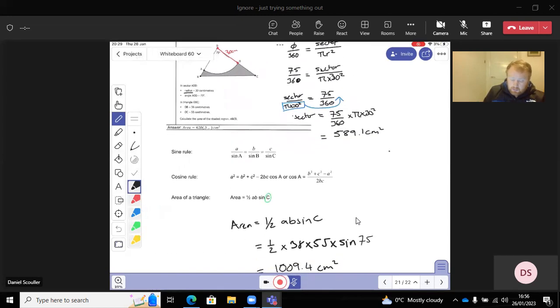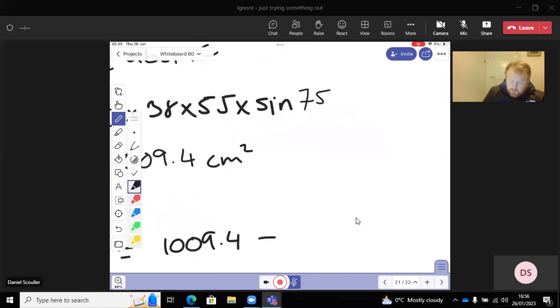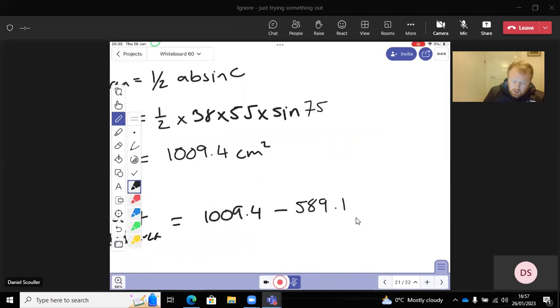So the area of the shaded area equals the total area of the triangle, which is 1009.4, minus the area of the sector, which was 589.1.